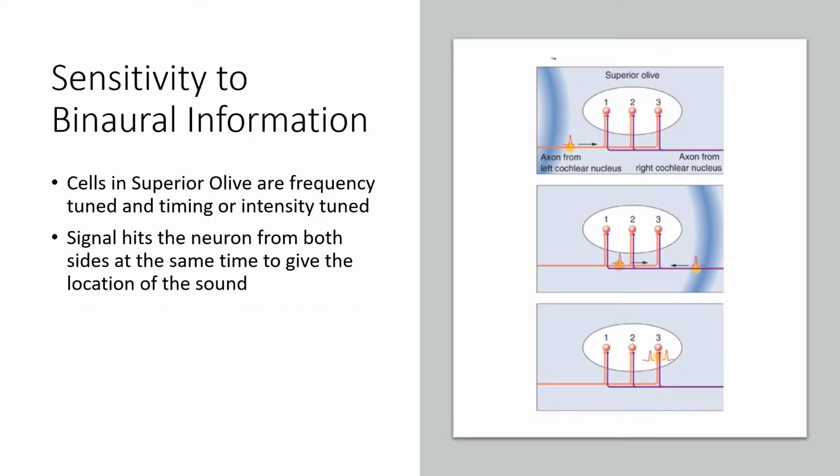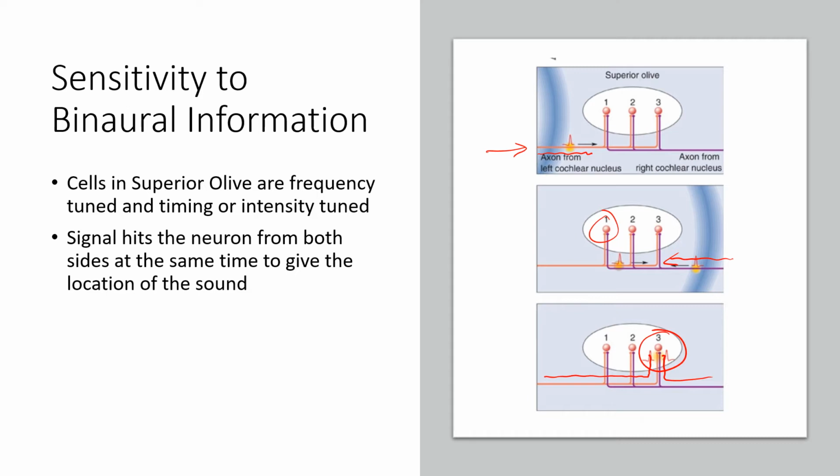So for timing, one of the things that happens is you have a lot of cells in the superior olive that are frequency tuned and timing or intensity tuned, meaning that, for instance, here, the sound gets into the left cochlea first, so it's going to travel across, and then it's going to come in from the right cochlea too, and it just so happens that at cell 3, for that timing, both of them hit here, and you get the maximum peak response. Whereas cell 1 might be preferential for something coming in from the right ear first, because the left ear has shorter to travel.